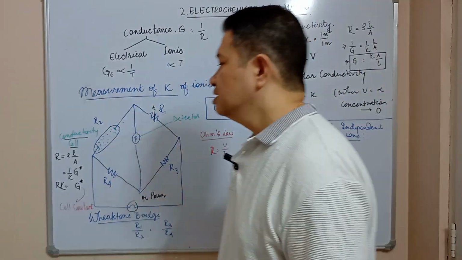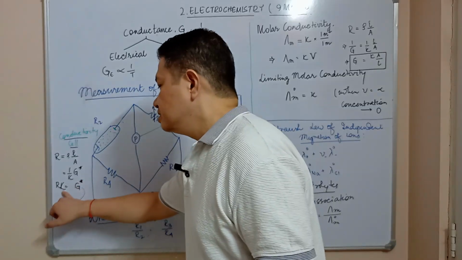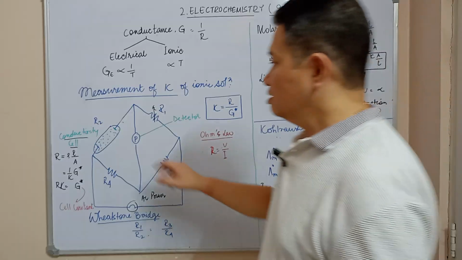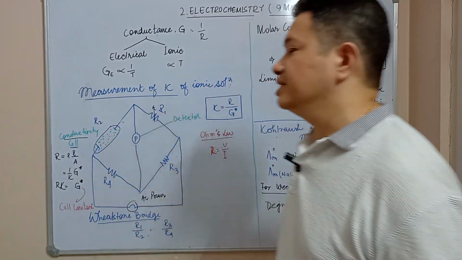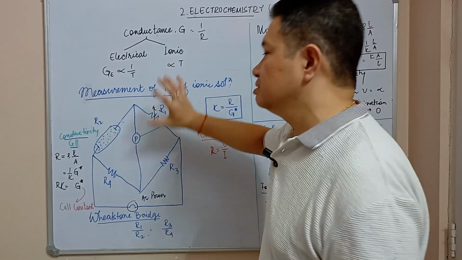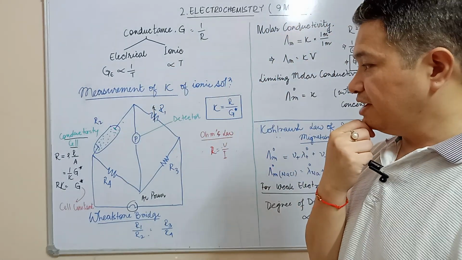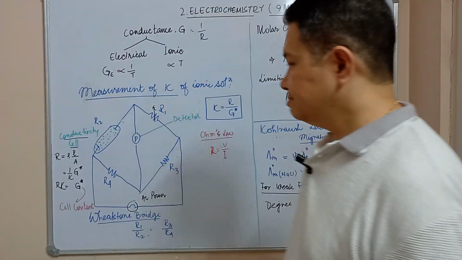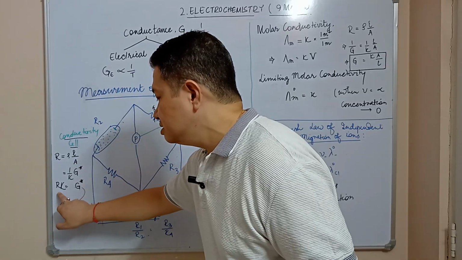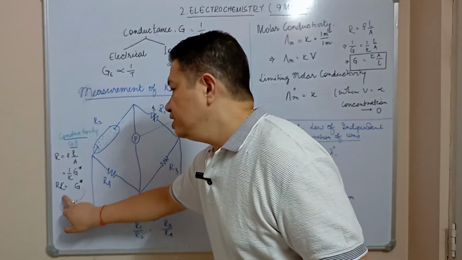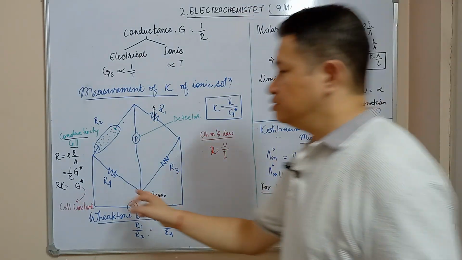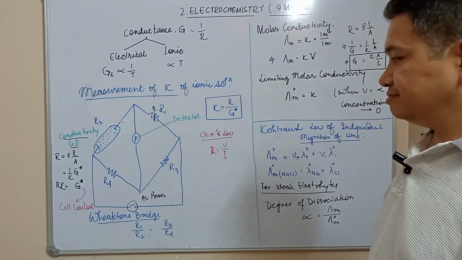We put the potassium chloride first, and knowing its conductivity and finding the resistance, we can know its cell constant. Once the cell constant is known, you can put in the ionic solution for which you want to measure the conductivity. If you can calculate its resistance R2, and you know the cell constant, then you can measure the conductivity of the ionic solution by using this equation.